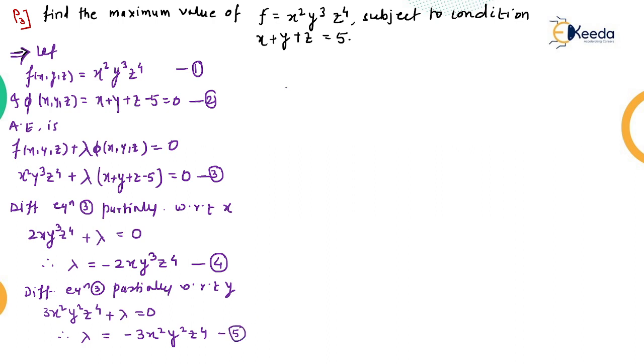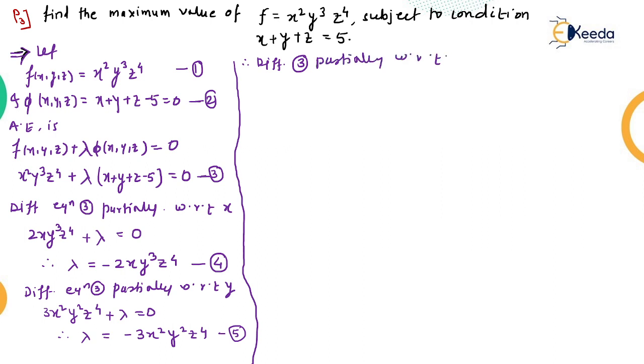Again we have to differentiate. The remaining variable is z, therefore differentiate equation 3 partially with respect to z.